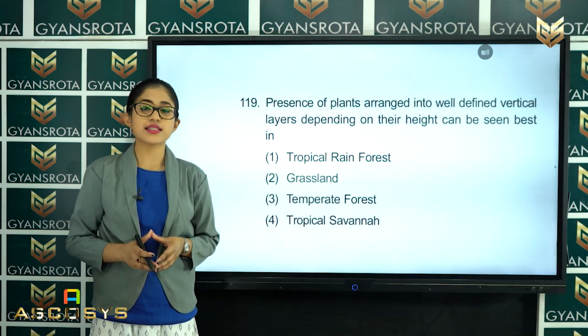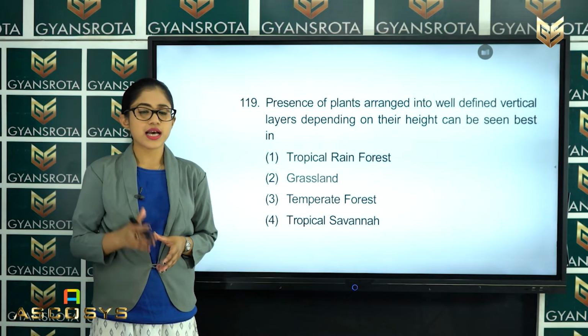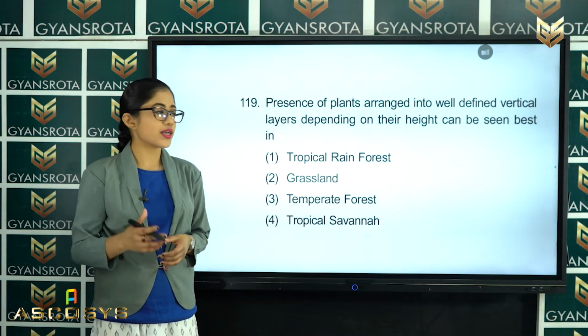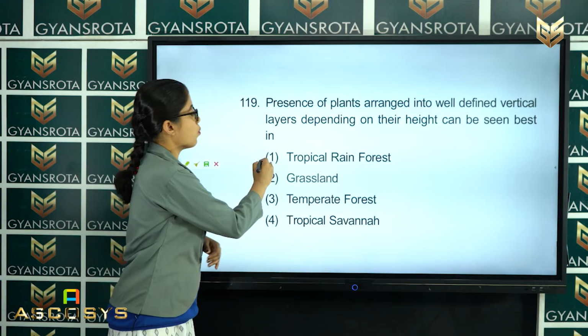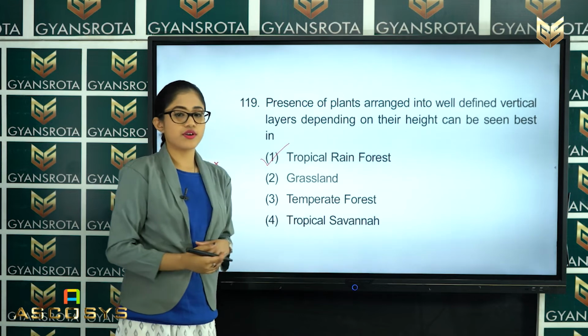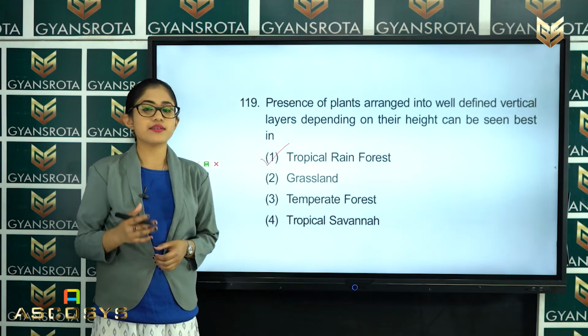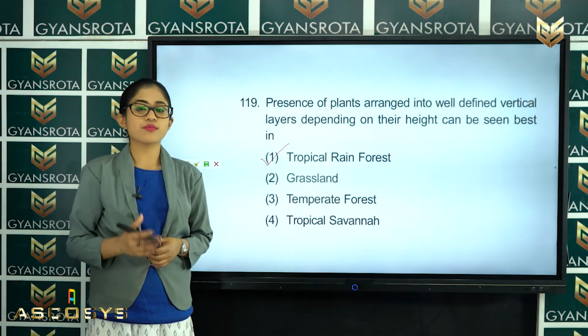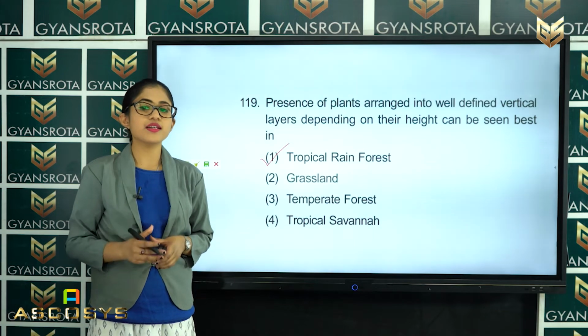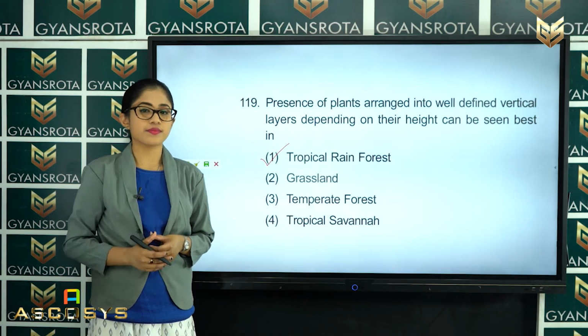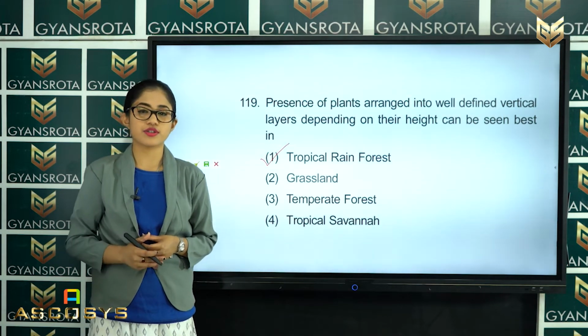So, we have discussed this in the chapter Ecosystem, and this is a very easy question. So, what is the correct answer from these options? That is option number 1, tropical rainforest. So, in the tropical rainforest, we can observe the presence of plants which are arranged into well-defined vertical layers. Now, let us move on to the next question.